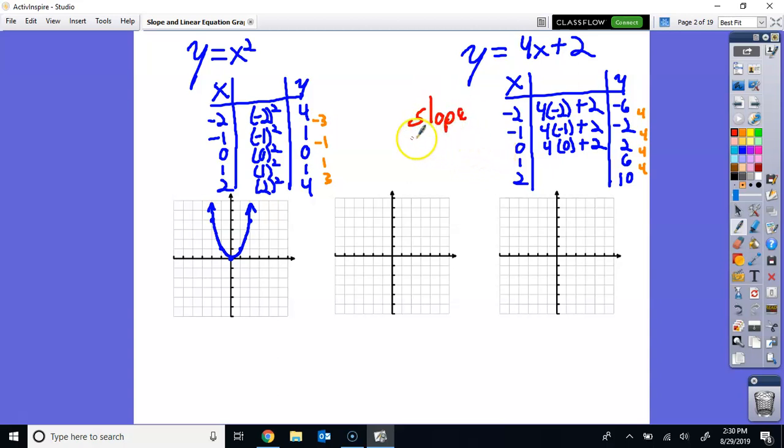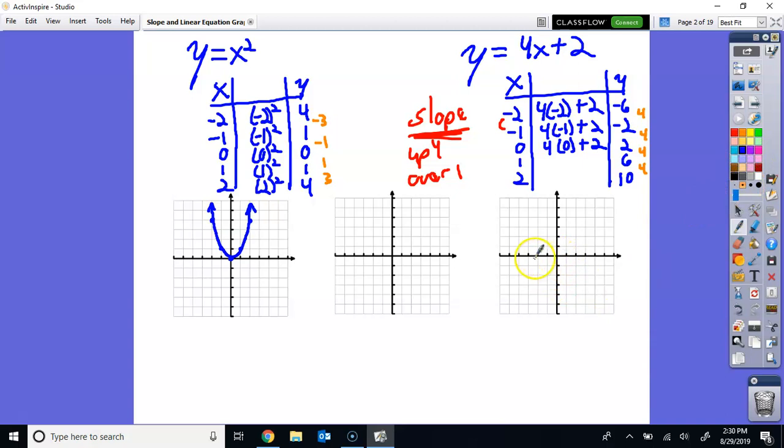And we're going to talk about that in a lot more detail here in a few slides. But notice that it is going up 4 and then it is going over one space from here to here. Up 4 over 1. You've probably heard that as rise over run. Guys, that is what slope really is.